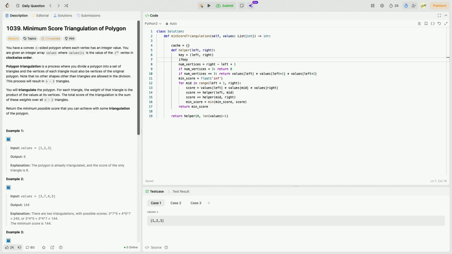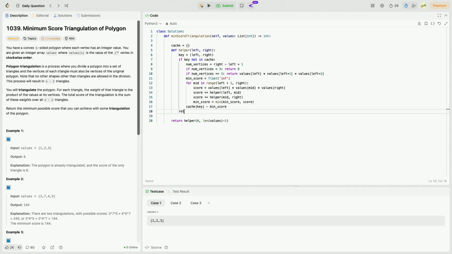If key not in cache, then we'll actually need to compute the key. And we will do something like this. Cache key as the minimum score, and then we just return cache key here. So that would give us an easy way to do that.